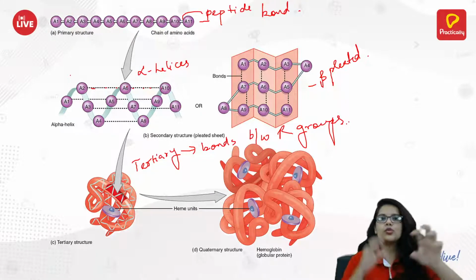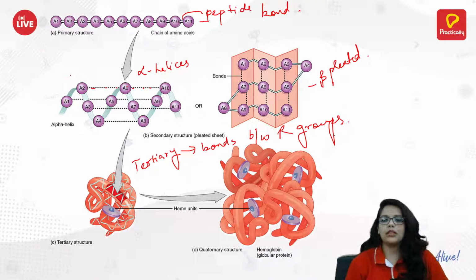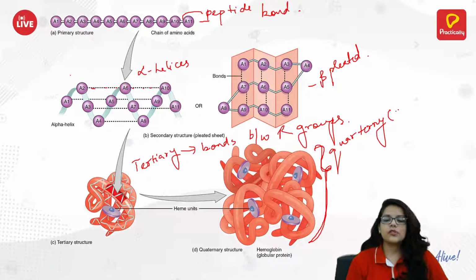Now, all of these twisted subunits of protein will come together and form a bigger structure, that is the quaternary. Small subunits coming together.